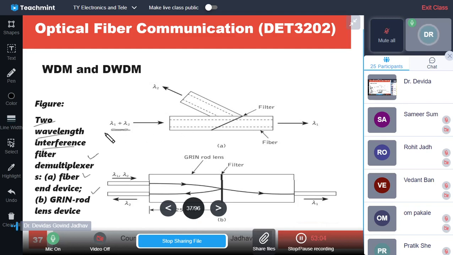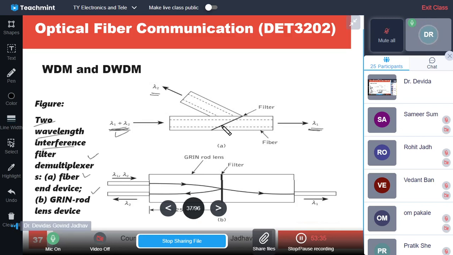So lambda 1 and lambda 2 mixed together are getting propagated on the main fiber, and to the main fiber we have connected this demultiplexer filter. That filter will separate out, reflect one wavelength on one side, and transmit another wavelength on another side. So on one side we can connect the fiber to collect lambda 1, on this side we can connect the fiber to collect lambda 2.